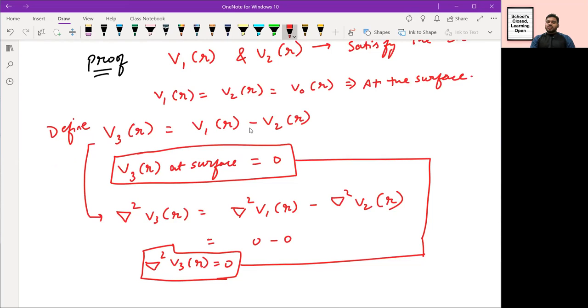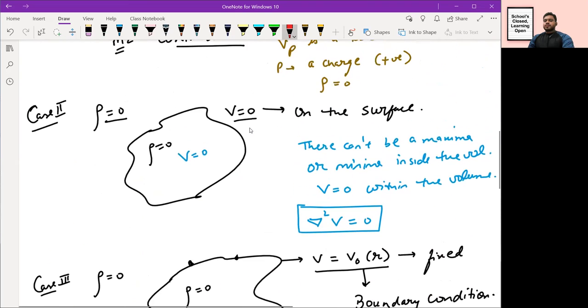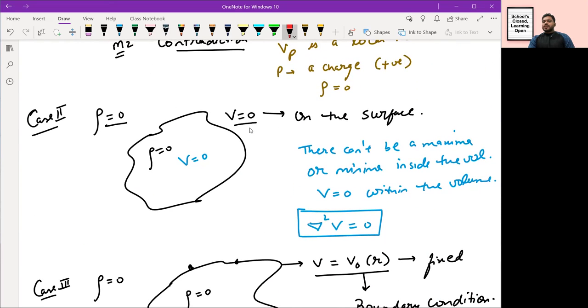Now there is one function of potential which is 0 at the surface, and del square of that function of potential is 0 inside the volume. Then isn't it the second case, that V is 0 and del square V is 0 inside the volume? Correct?